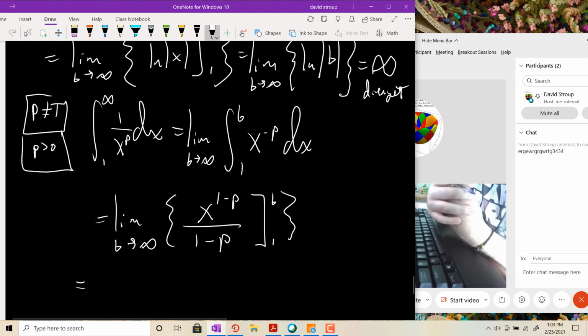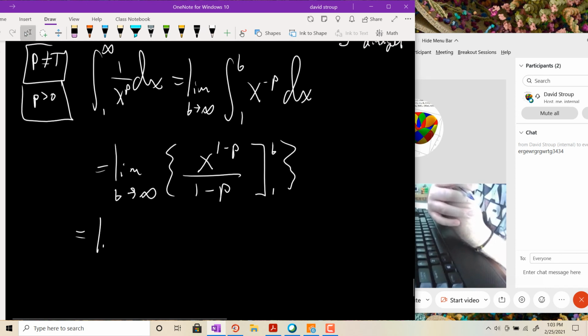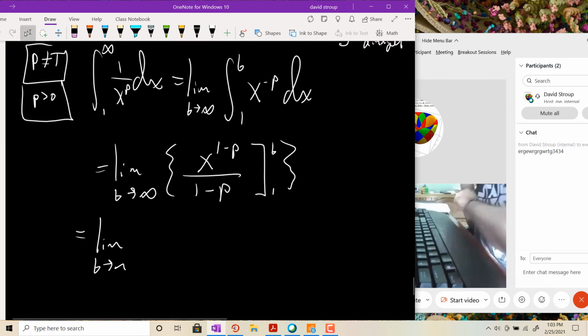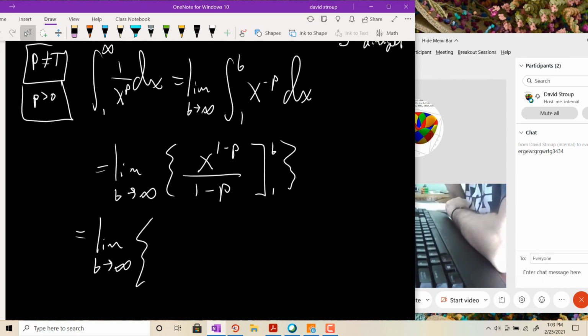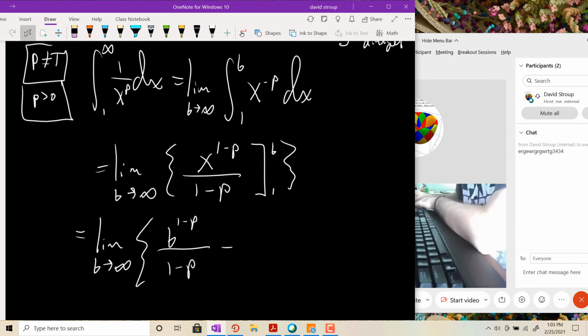Then I'm taking the limit of this, evaluated from 1 to b. So I have b to the 1 minus p over 1 minus p, minus 1 to the 1 minus p over 1 minus p, which is just 1 over 1 minus p.